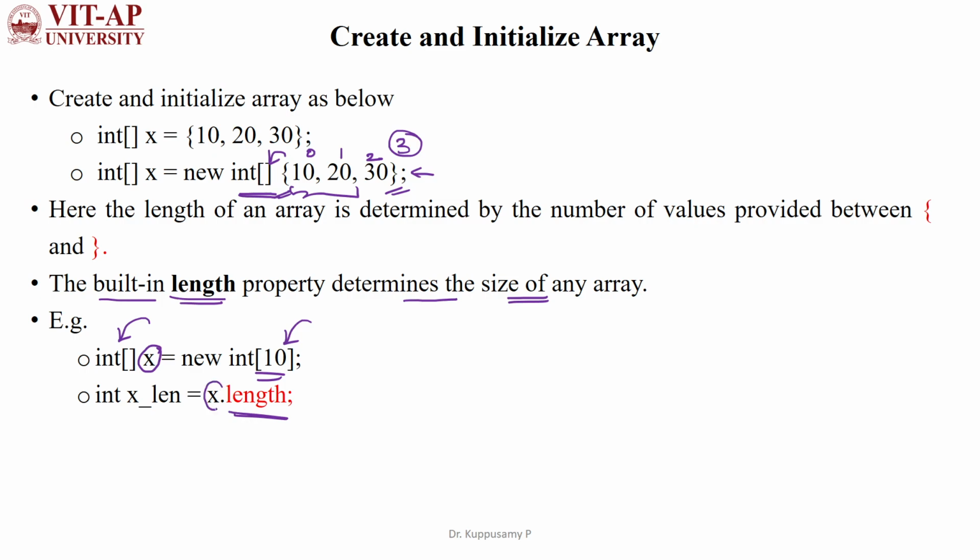So x is the integer array variable, and x dot length gives you the length of this array, which is assigned to the variable x underscore length. If you want to display this, you can give System dot out dot println of x underscore length, and it will display the length of the array.